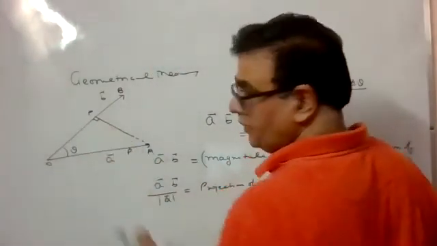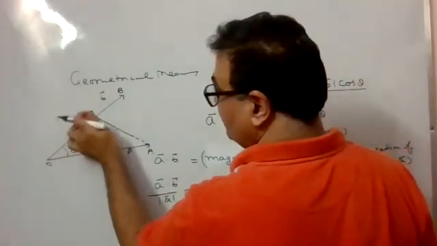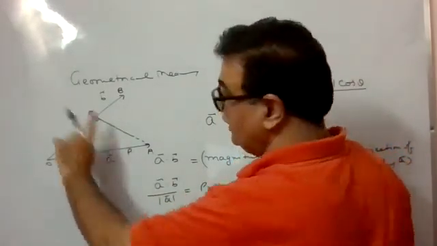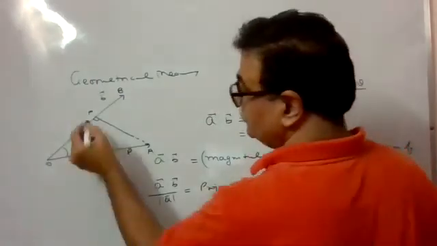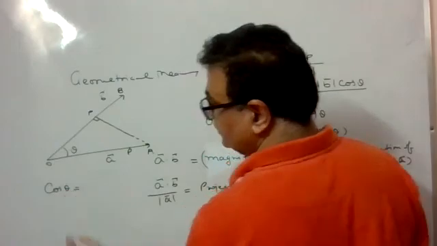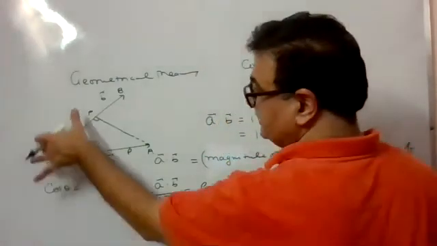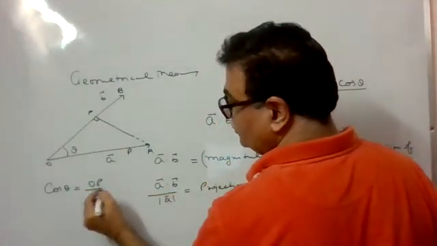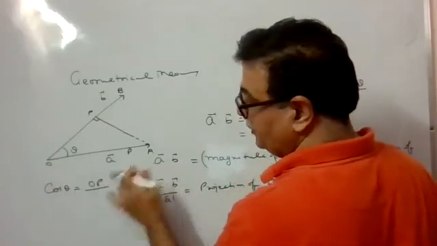When you take this point as P, then OP is called the projection of A along B. This OP, if you calculate cos theta this time, cos theta is what? Base, which is OP, divided by hypotenuse, which is OA.